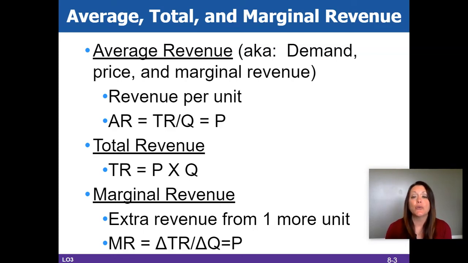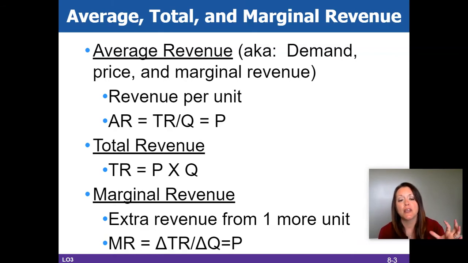You also need to know what total revenue is. Its name is sort of self explanatory. It's the total amount of revenue you bring in. You can find this by looking at the price times the quantity of items that you sell. So if you sell four and it's worth $20, then your total revenue would be $80. Marginal revenue, again, is going to be the extra revenue that you earn from making one more unit.